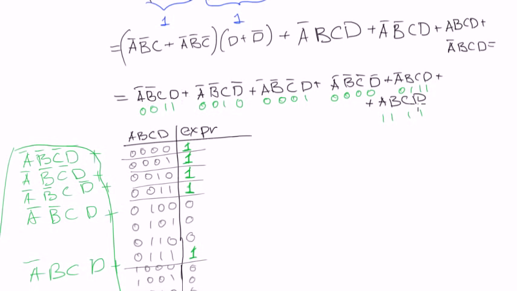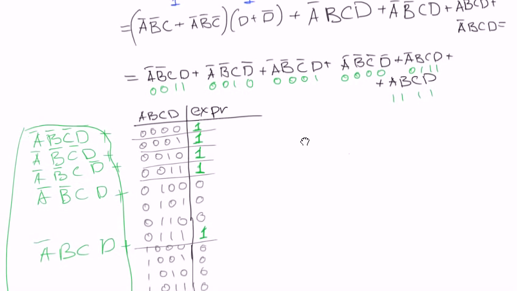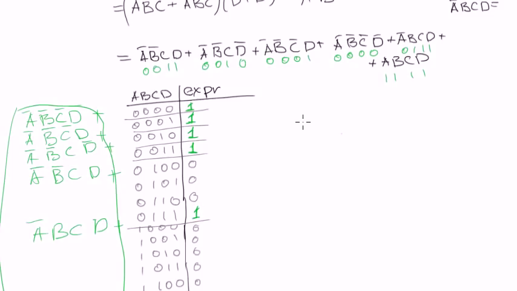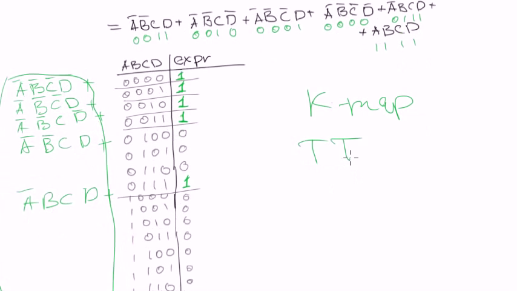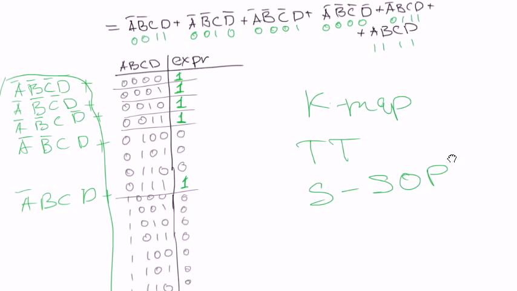You can directly go from this form to a truth table, you can directly go from a truth table to this form, and you can even go directly from this form to a Karnaugh map. So basically, we can sum up, have a little summary: Karnaugh map, truth table, and standard sum of products forms are some kind of equal ways to represent an expression in its full grace. Right, so that's it for now.